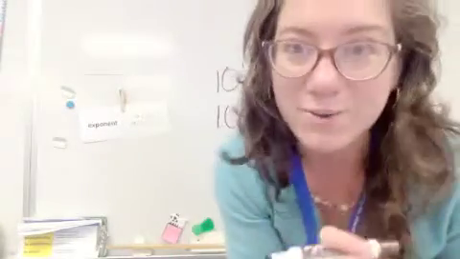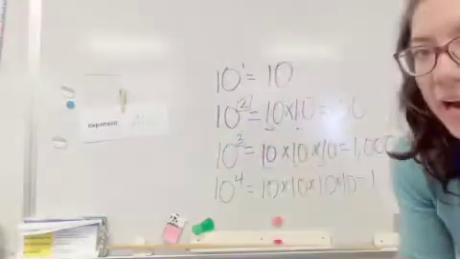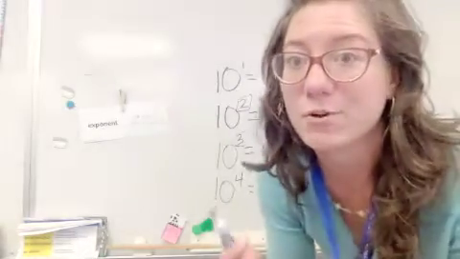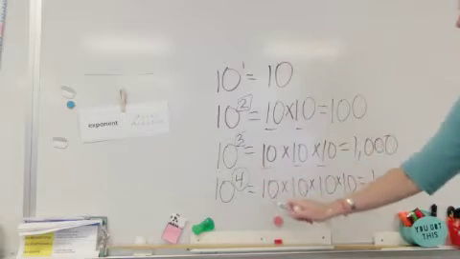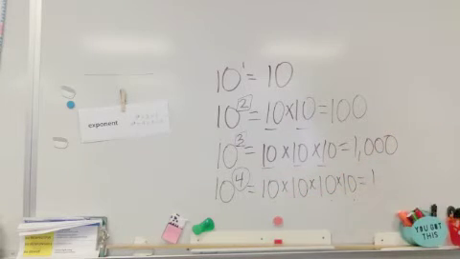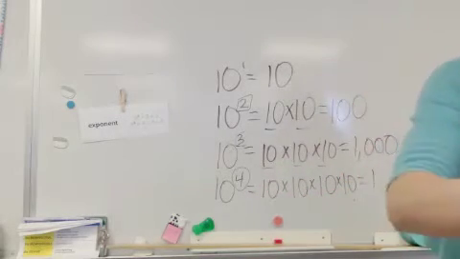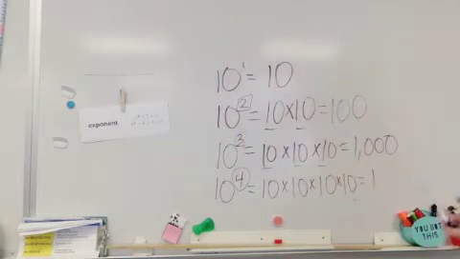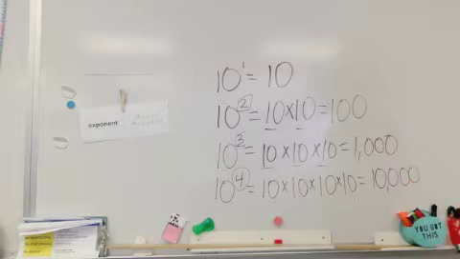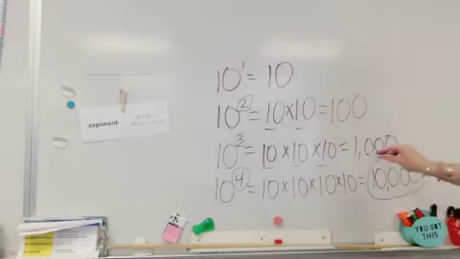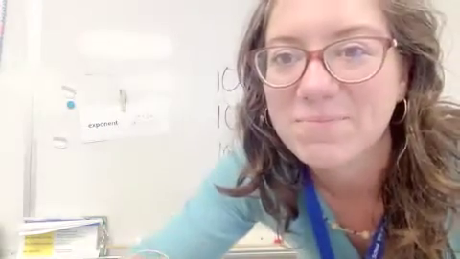So you'll probably notice it's just a shorthand way of telling us how many zeros there are. 10 to the fourth power, 10 times 10 times 10 times 10. We need to look for 4 zeros, which is the same thing as 10,000.